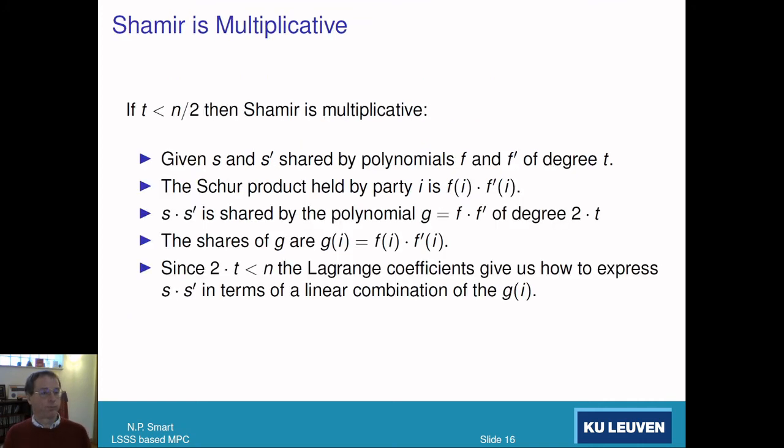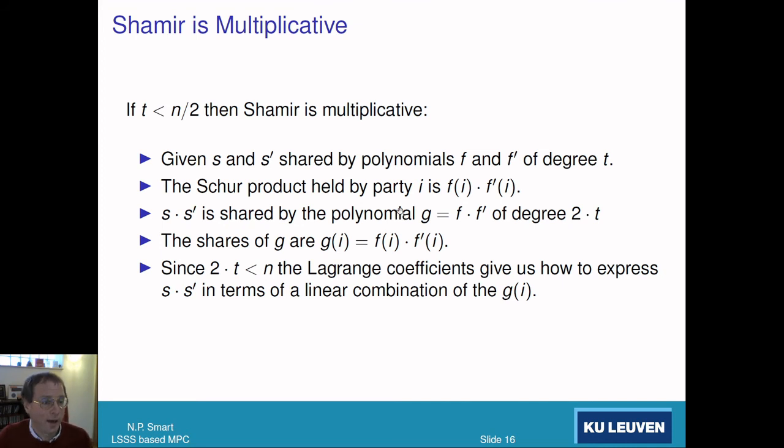Okay, so what happens? We have that if t is less than n over 2, then Shamir is multiplicative. Remember, if t is less than n over 2, then Shamir is Q2. Okay, that's nice. So why is this true?